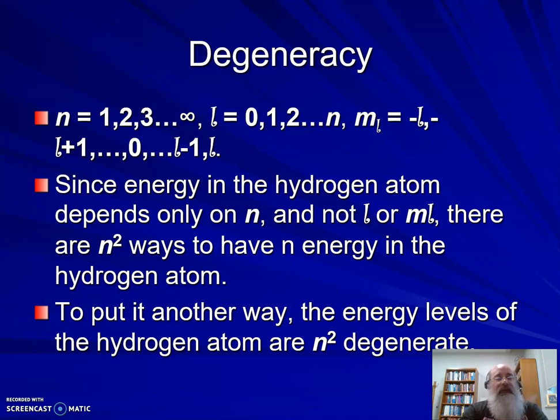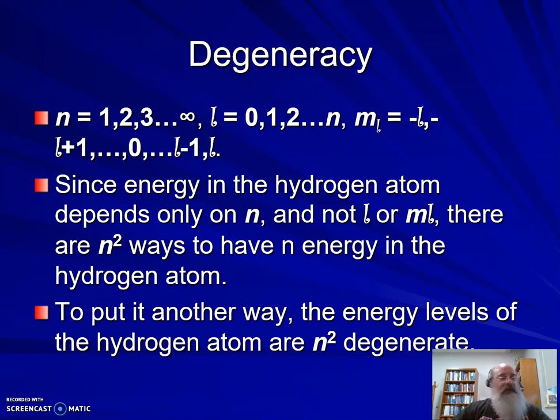It turns out there are n squared ways to have the energy associated with n in the hydrogen atom. In other words, the hydrogen atom's energy levels are n squared degenerate. Now let's think about what kind of problem I might ask you to do on this.